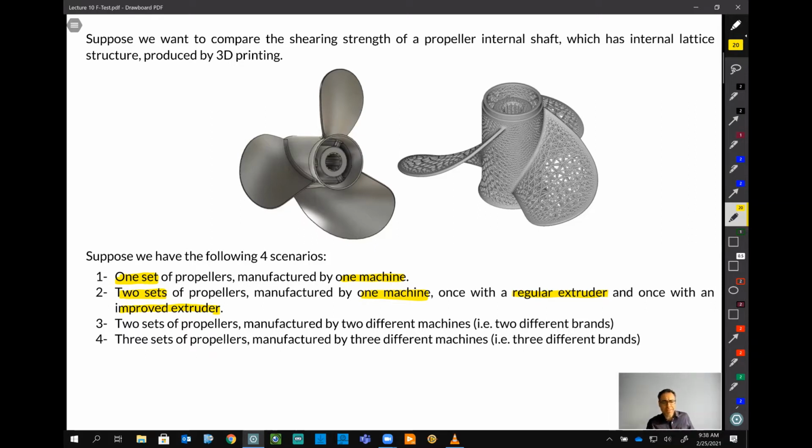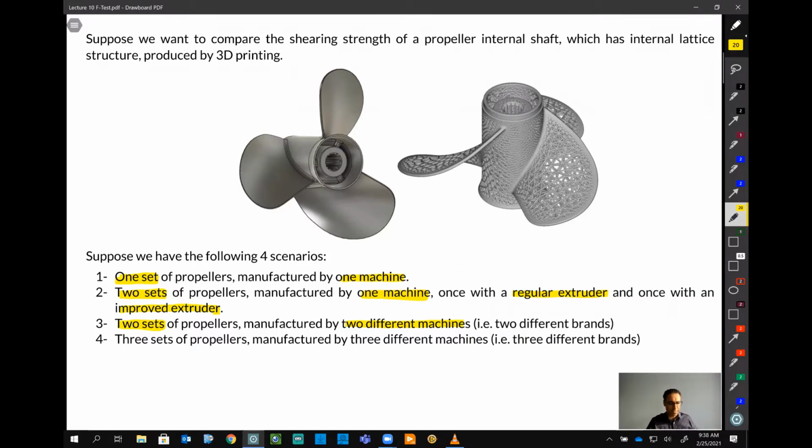And then the third scenario, we have 2 sets manufactured by 2 different machines, totally different machines. And when I'm saying different, let's say 2 different brands, not machine 1 and 2 being identical.